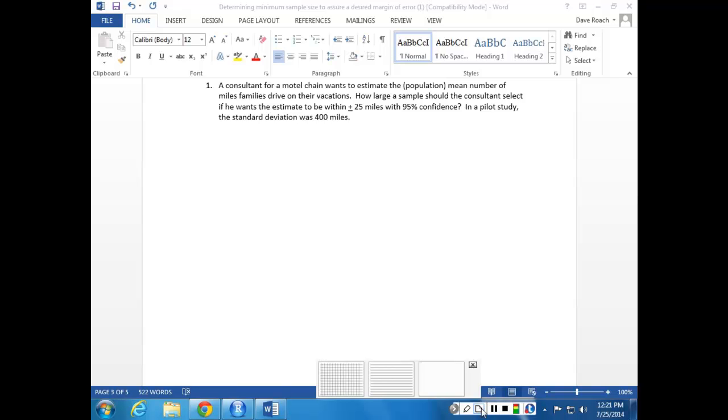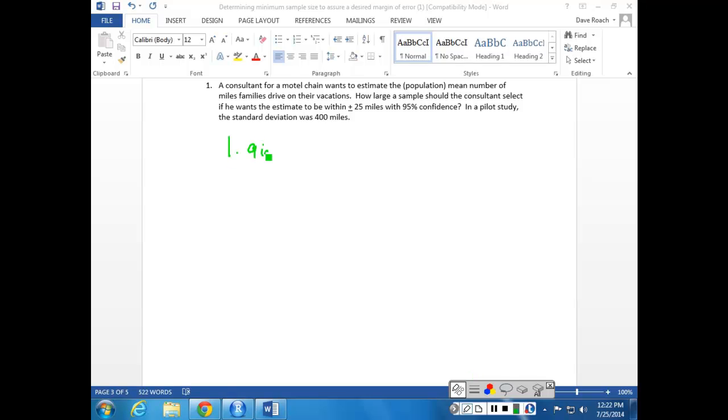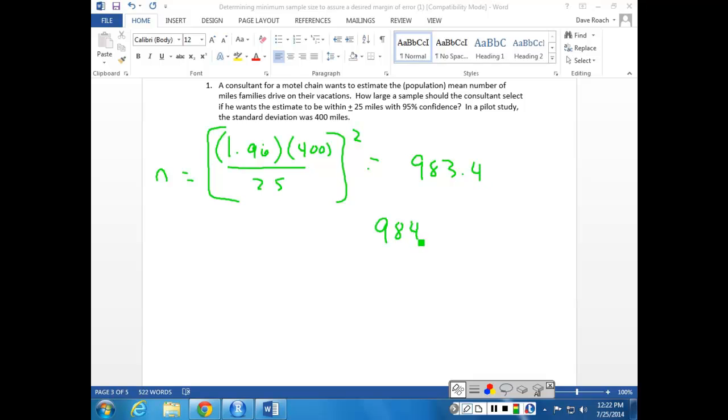Well, I lost that. I'll just rewrite what I had there at the end. 1.96 times 400 divided by 25. All of that squared, and I get 983.4. Always round up, so 984 or more.